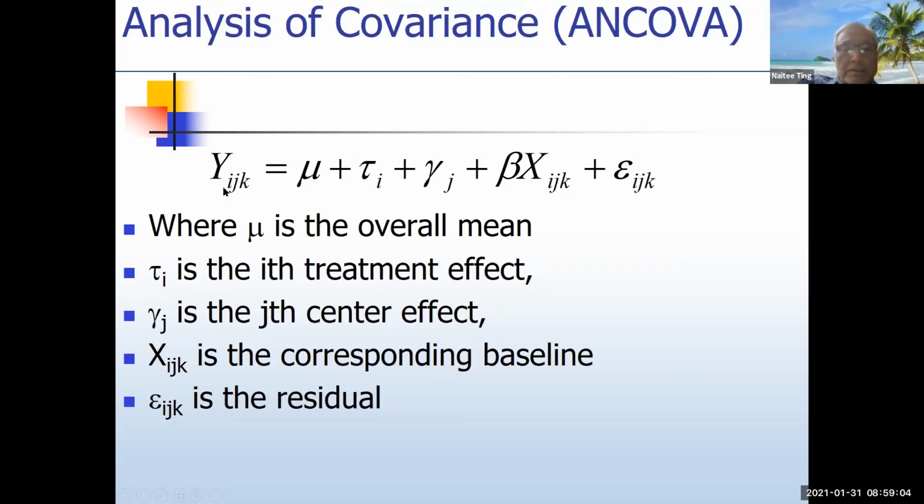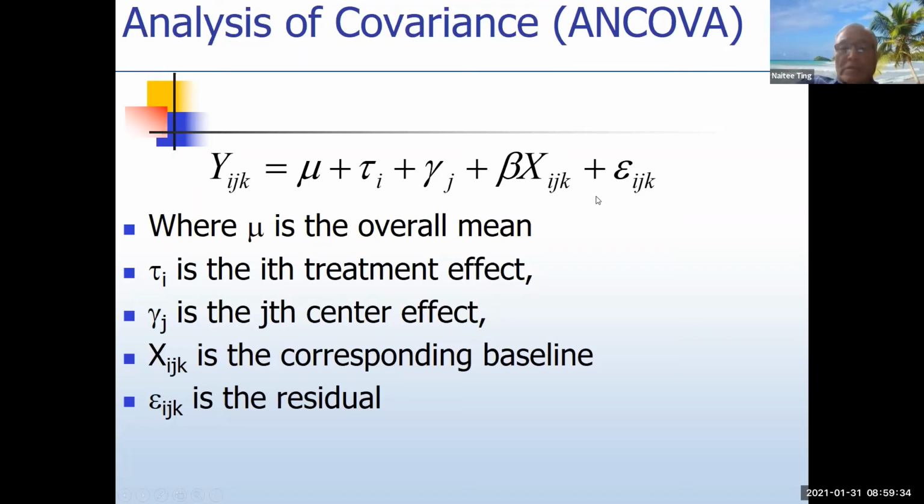Here, y sub ijk is the change from baseline of the kth subject in the jth center receiving the ith treatment. So i, j, k: ith treatment, jth center, kth subject, and this is the residual corresponding to that.